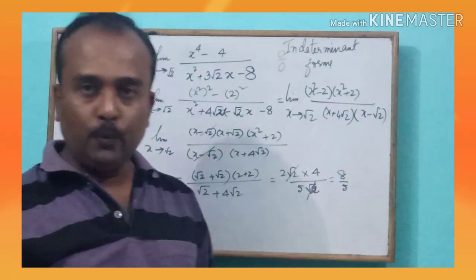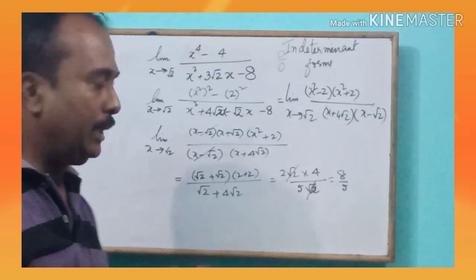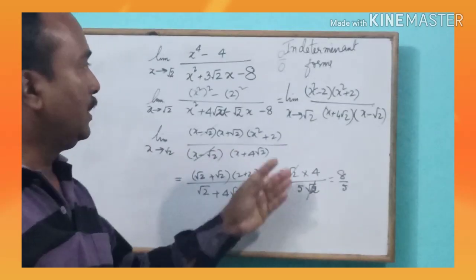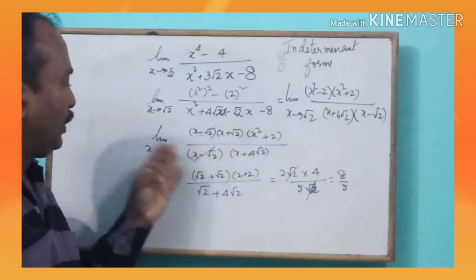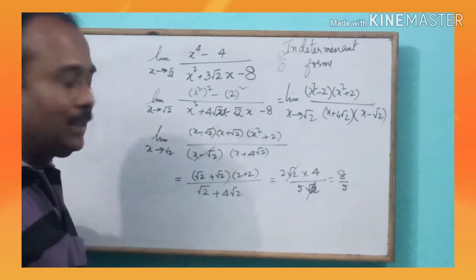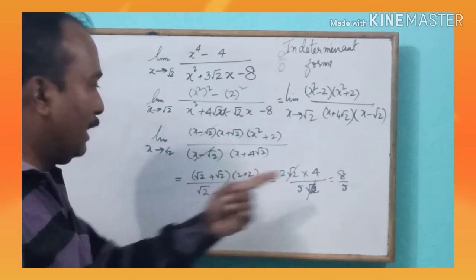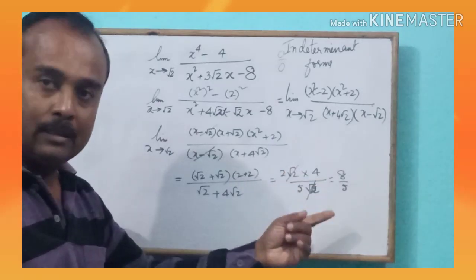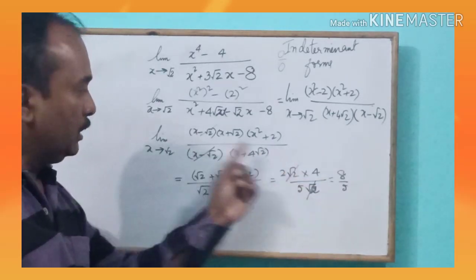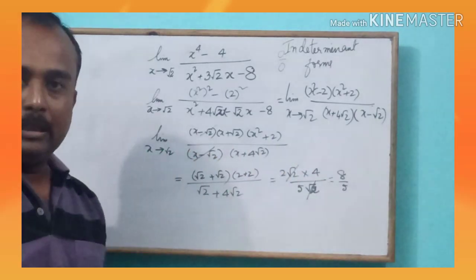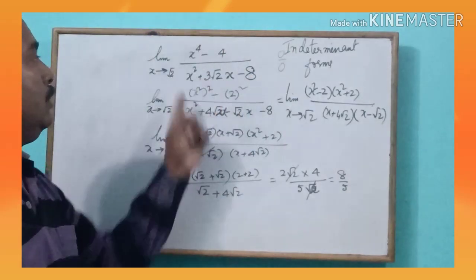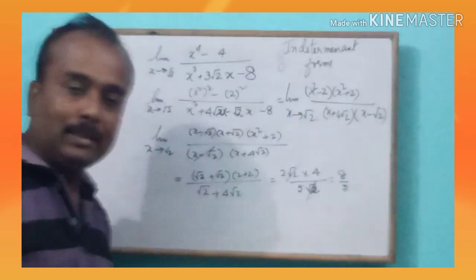Only thing is, we should do the factorization properly. If the factorization is correct, then ultimately the term which was providing 0 by 0 gets cancelled and we get a finite value or finite number, and that is the limit of this whole algebraic expression. Let us see the next example.